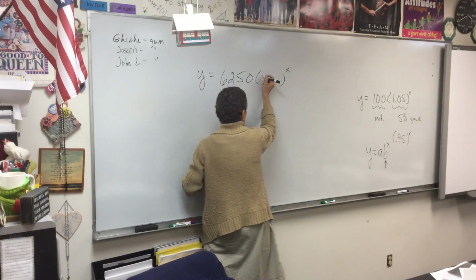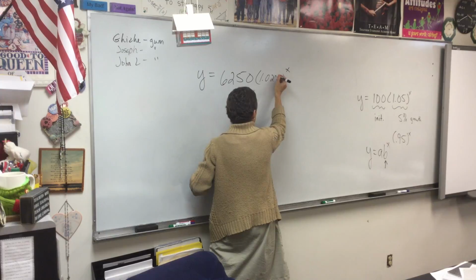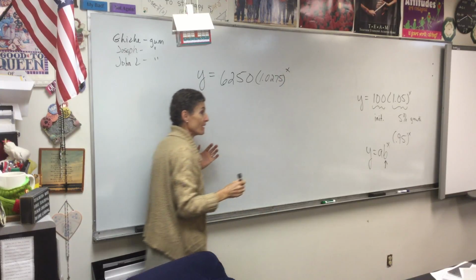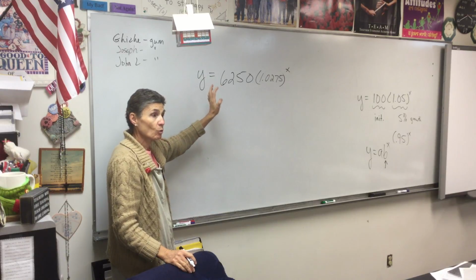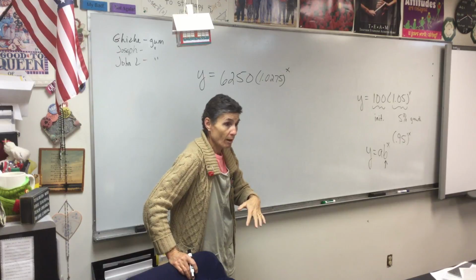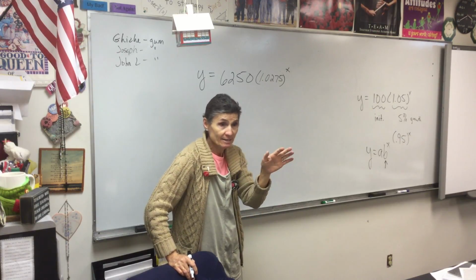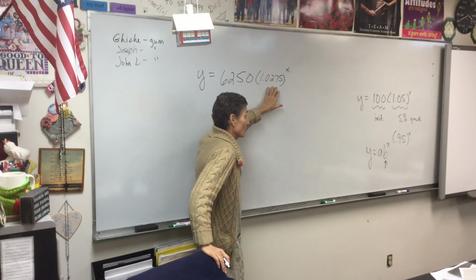So what am I multiplying by? 1.0275. Is it a 2.75% increase? So that's the decimal. So this is the equation that is going to apply to this problem. It's that easy, guys. It's that easy. Your initial population multiplied by your growth or decay.